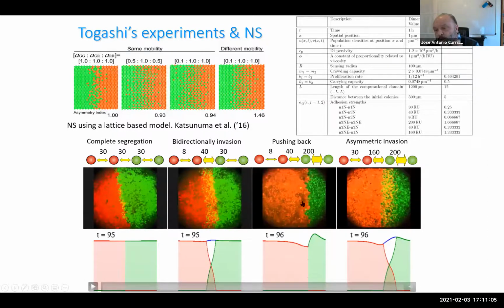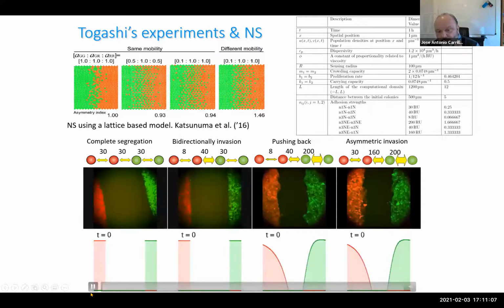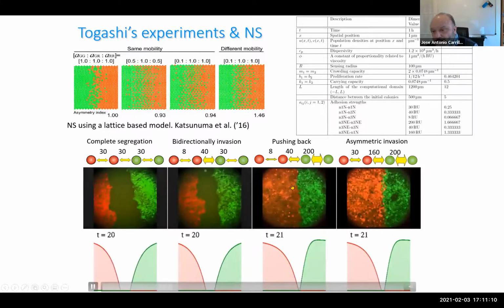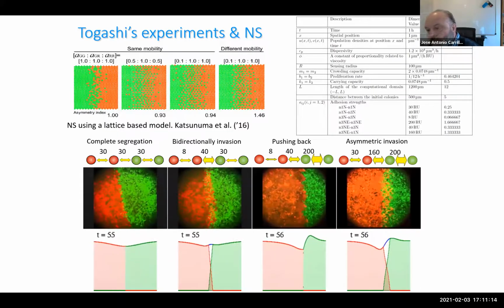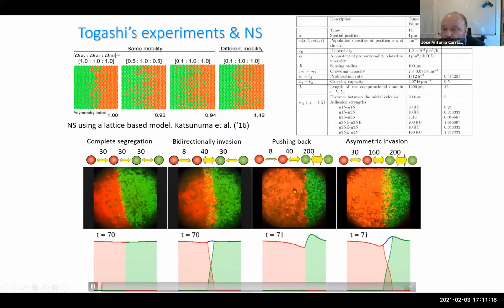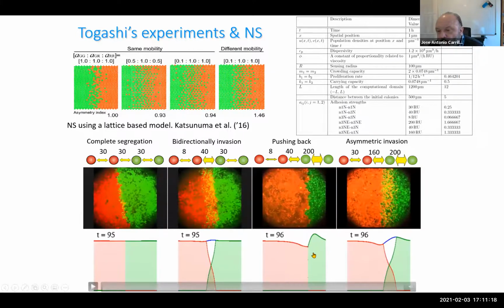In other cases, like in the last 2 that I will simulate again, one of them somehow invades the other, or there is an invasion with mixing in this case. And this is just, as I said, by changing the strengths.